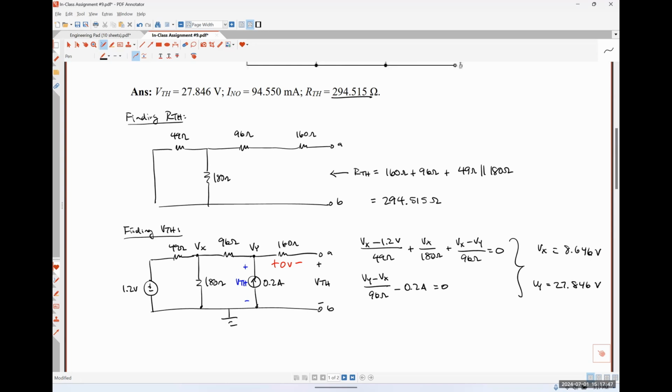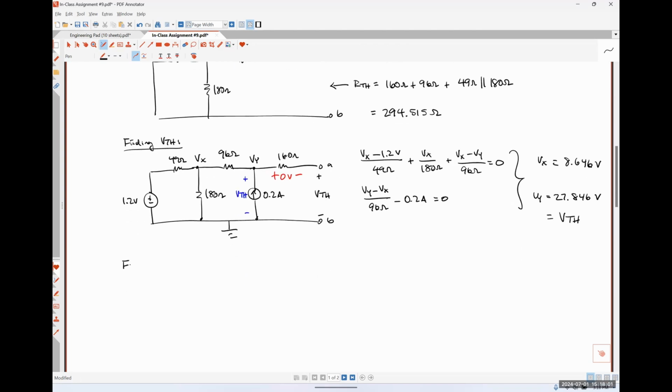and some change. How do those nodal voltages relate to our Thevenin voltage? Vy equals VTH. Exactly right. And lastly, how can we find I Norton? VTH divided by RTH.